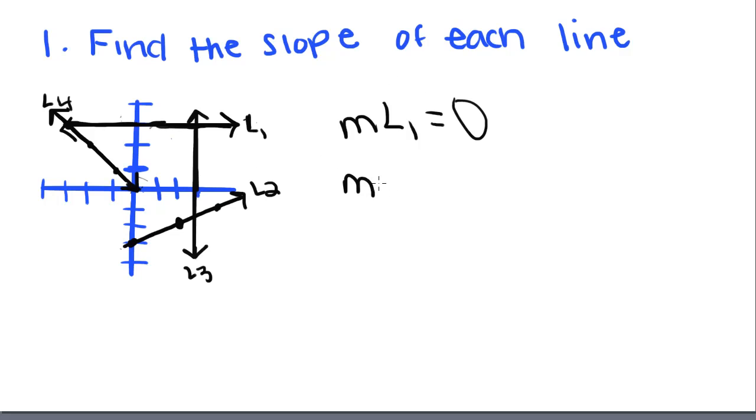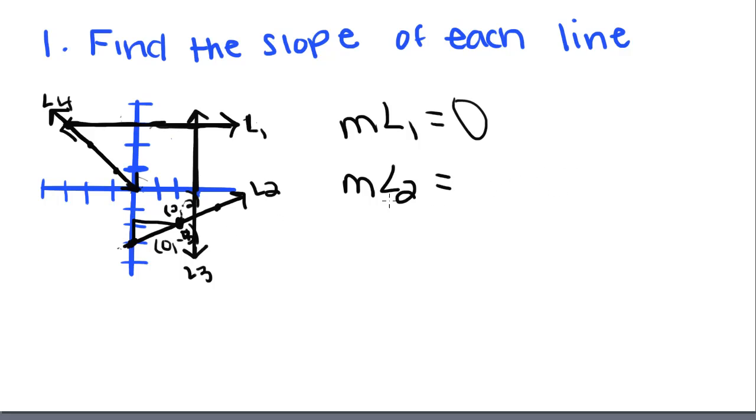So the slope of line 2, we have 2 points right here. And there's 2 different ways you can do it. You could literally count and say I go up 1 and over 2, and you'd find you have a slope of 1/2. But just to be safe, we're going to plug it into the formula. This point right here is 2, negative 2, and this point right here is 0, negative 3.